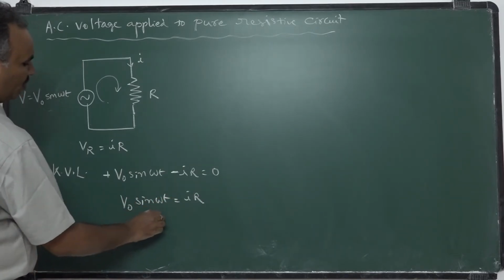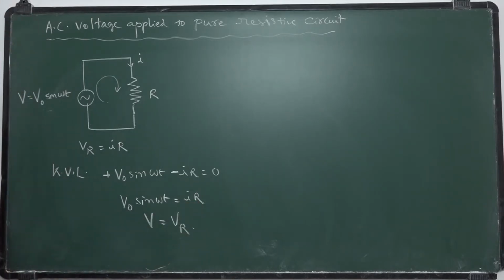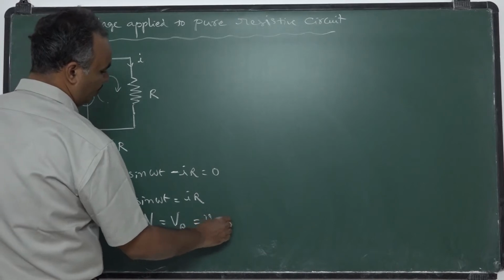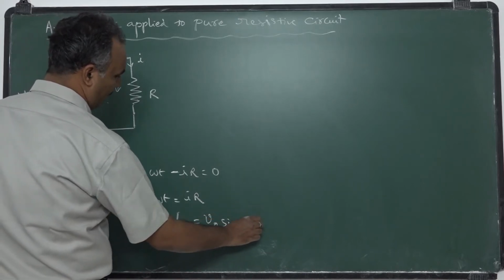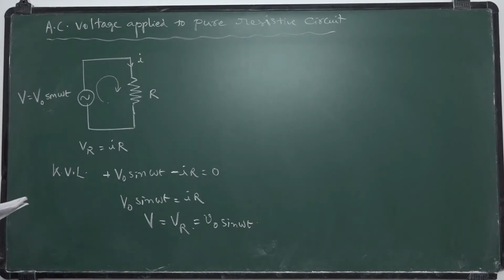That means the applied voltage must be equal to the voltage drop across the resistor, nothing but V naught sin omega t.